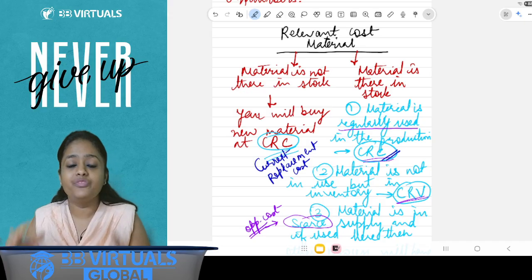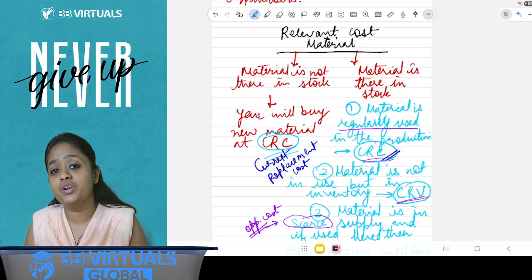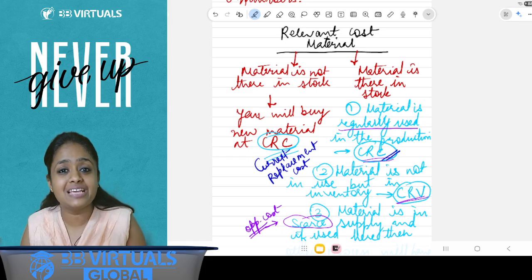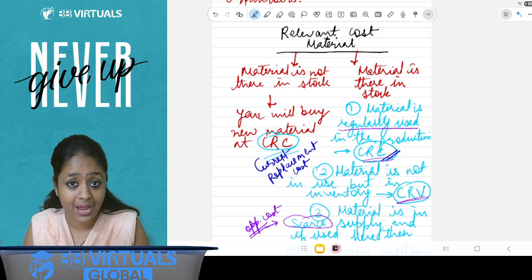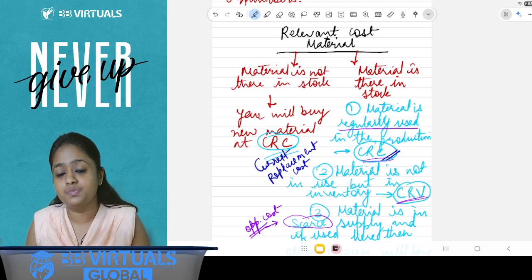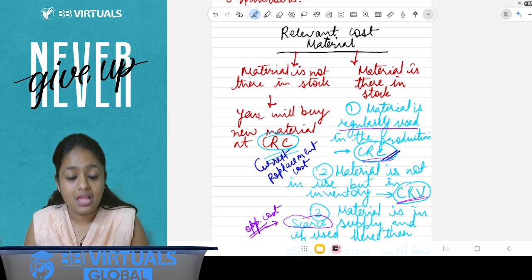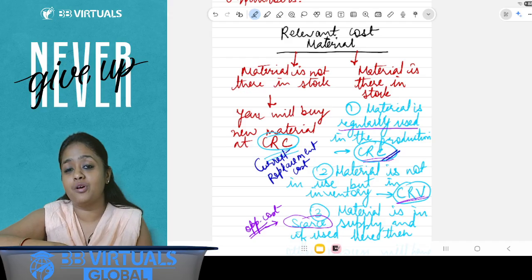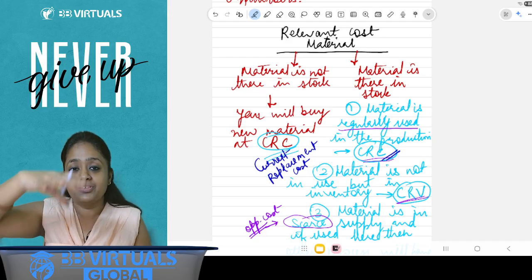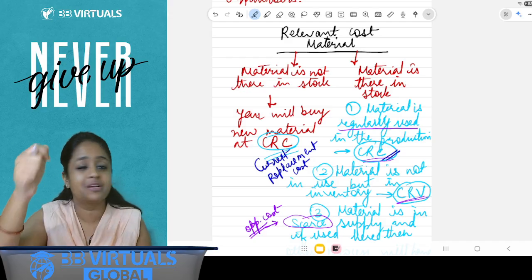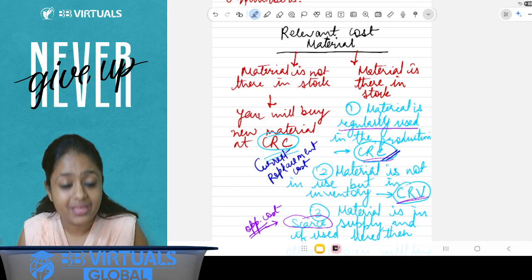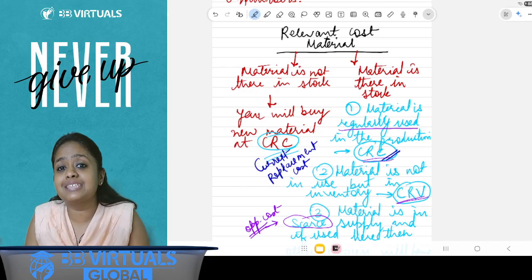Number two, if the material is in stock but not in use, remember I just explained that term? Yes, current resale value will be my relevant cost. Why? Because it is not in use by any other process, so the best I can do is sell it as scrap. But if I'm using it in my new process right now, then I'm losing that scrap value, which becomes my relevant cost. Third is when your material is in scarce supply.